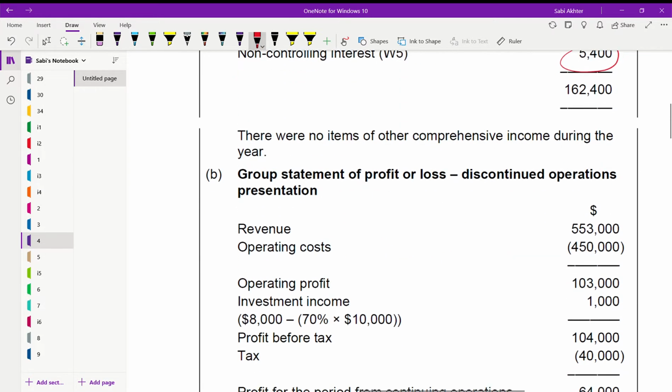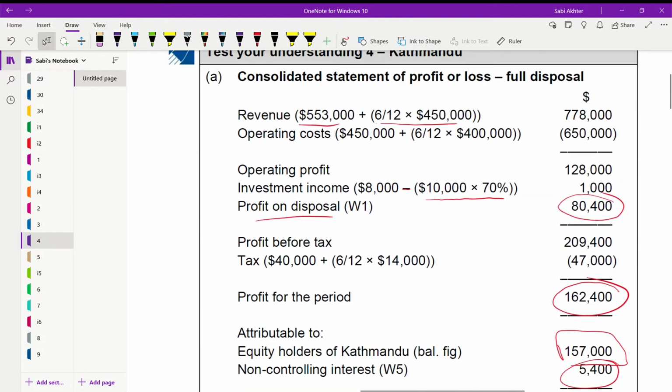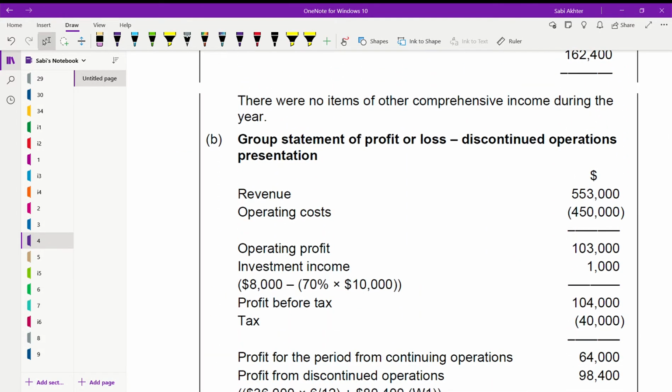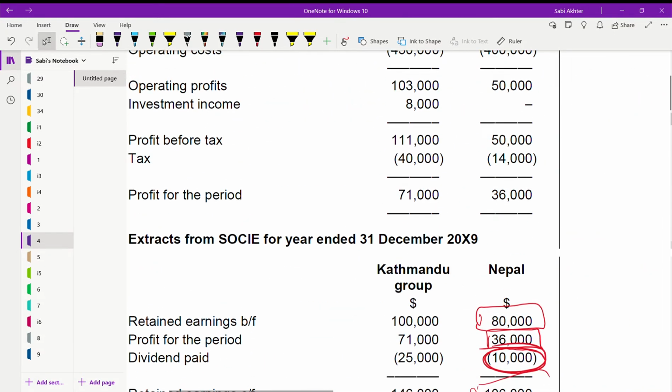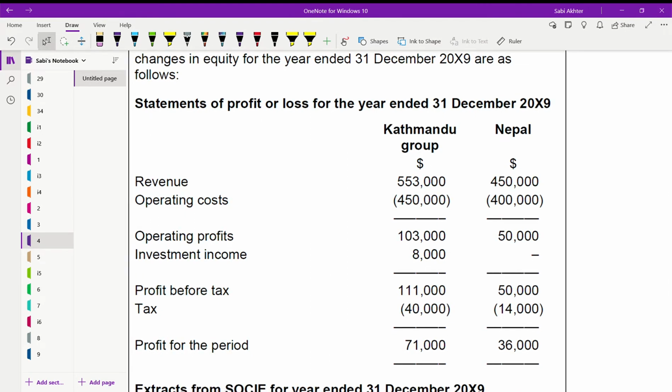Coming to part B, you are showing it as a discontinued operation. So when you are showing it as a discontinued operation, how are you going to write it? You are not taking the Nepal. You are not consolidating Nepal.